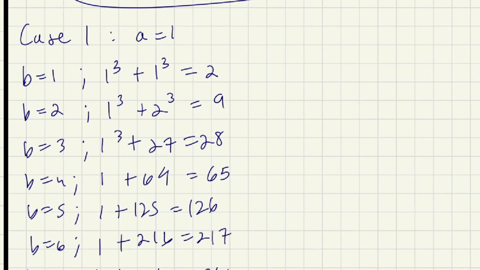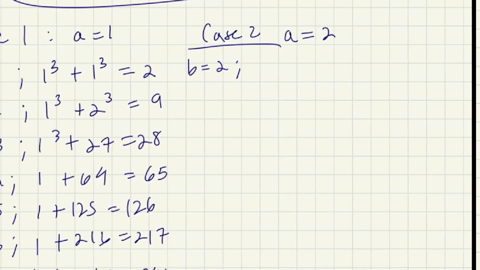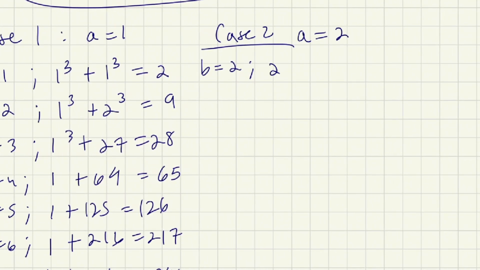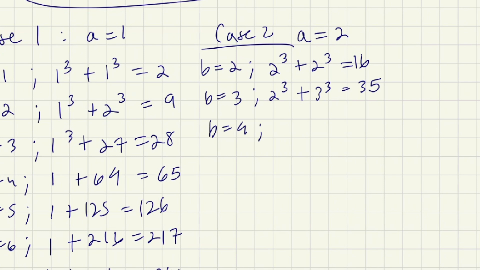Now that we have finished this case, we move on to case 2, where a equals 2. We set b equals 2 and solve in a similar fashion. 2 cubed plus 2 cubed is 16. Now b is 3: 2 cubed plus 3 cubed is 35. When b equals 4, we have 2 cubed plus 4 cubed, which is 72.